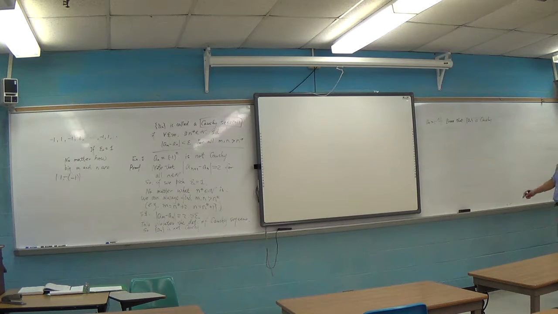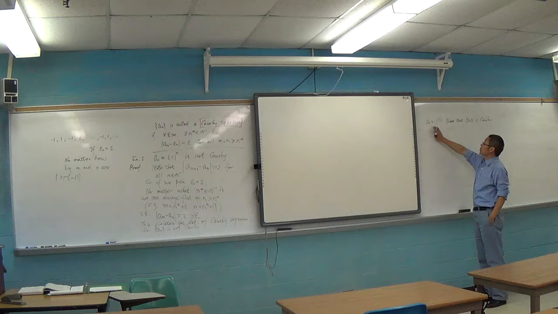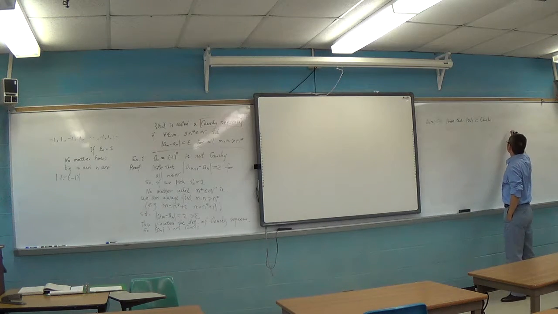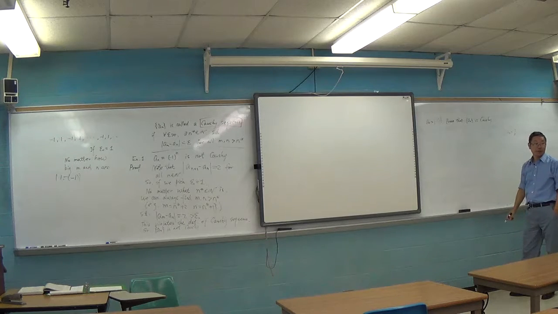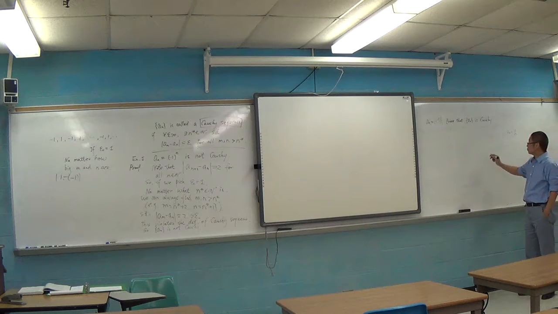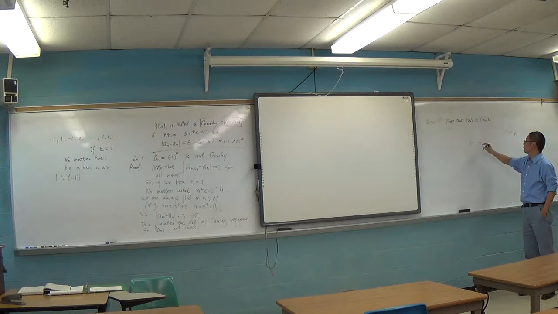Now, the only difference between this sequence and the previous one is the 1/n. Here a_n minus a_m equals (-1)^n/n minus (-1)^m/m.